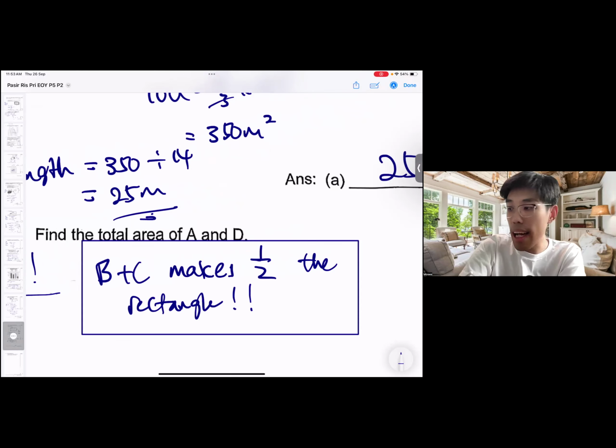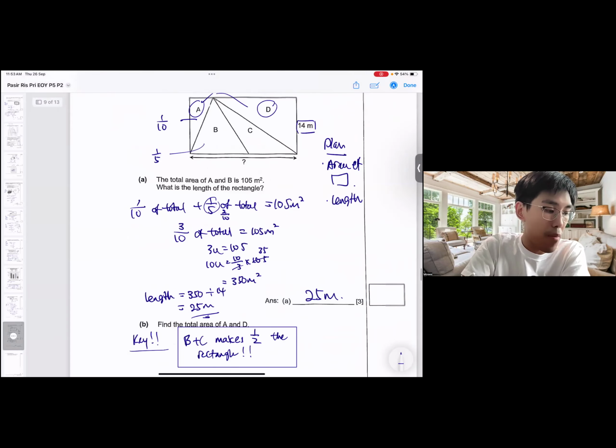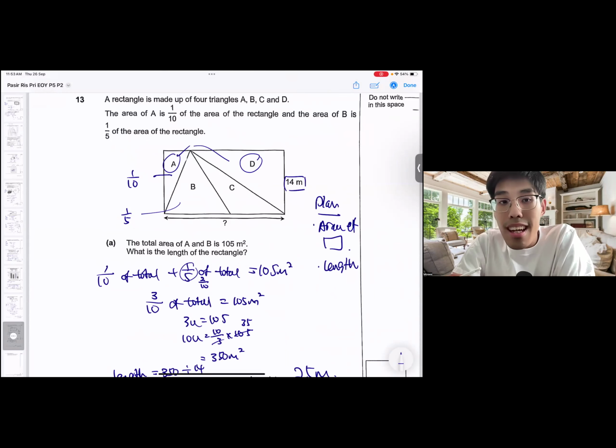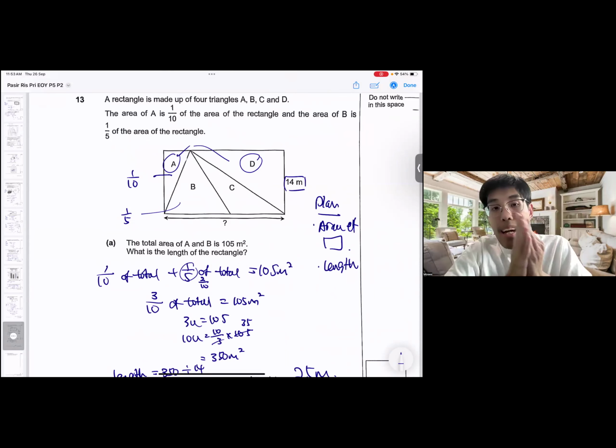Then it's like, huh? Why? How do you know? Okay, let's go back to the diagram. Do you see that B and C actually covered the full base and the full height? So if you were to see B and C combined together as one big triangle, do you see it's actually half of the whole rectangle? This is what we need to see.